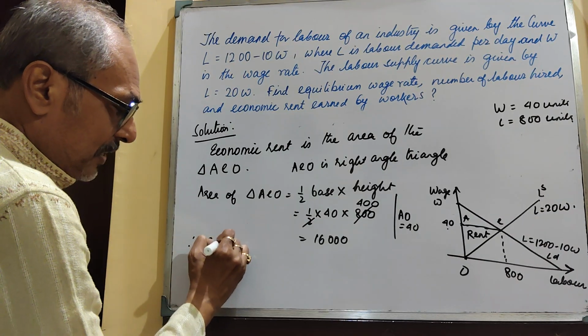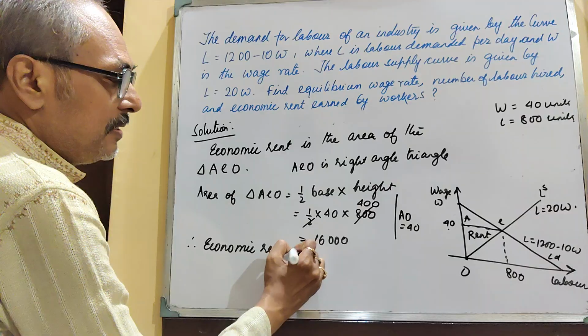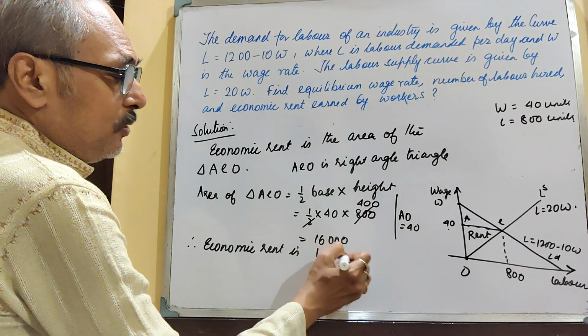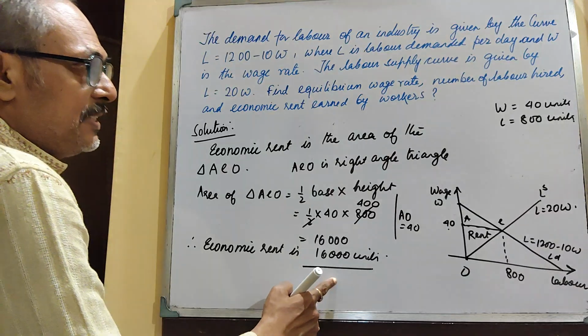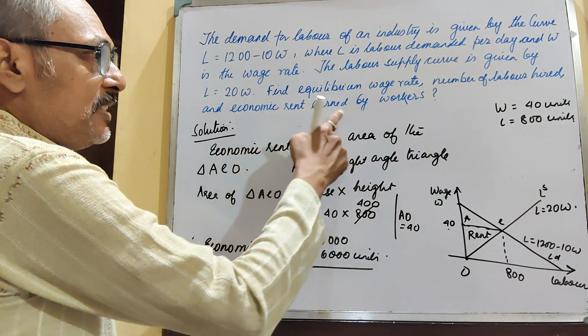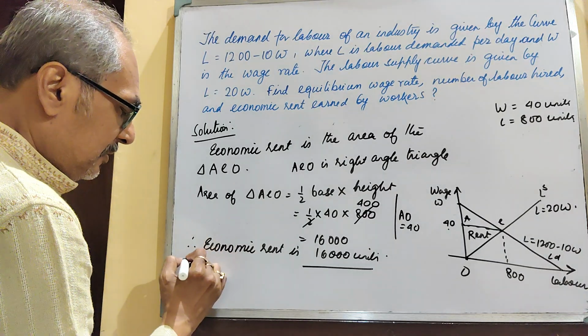Hence, economic rent is 16,000 units. This is the answer of economic rent earned by workers.